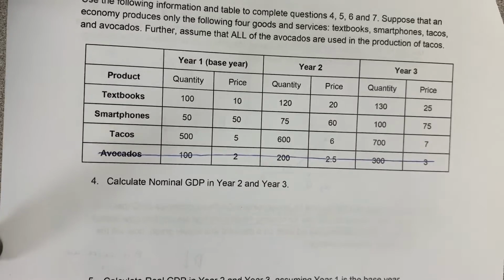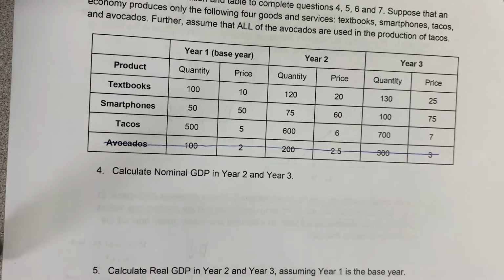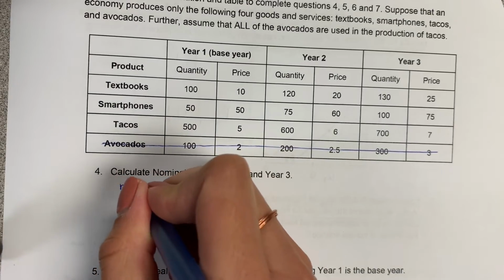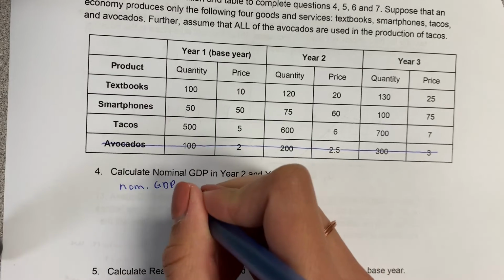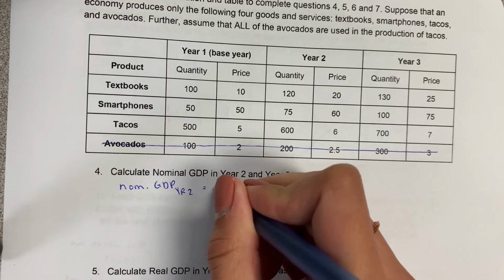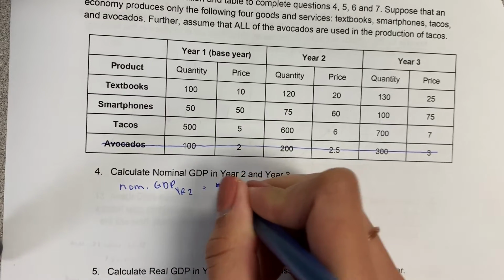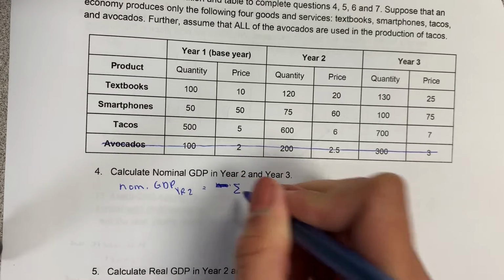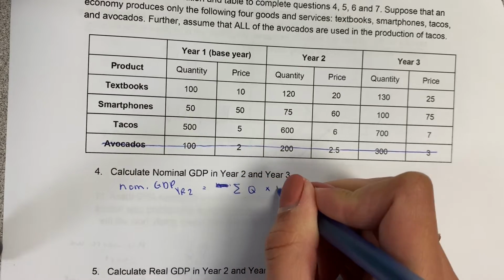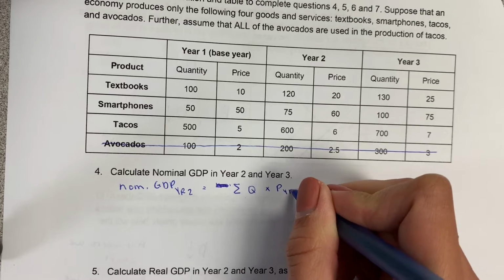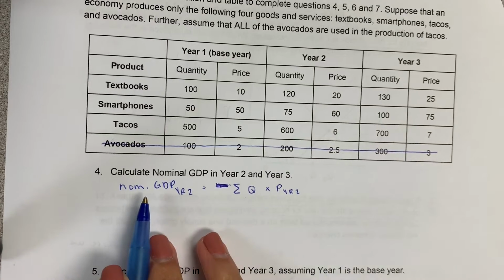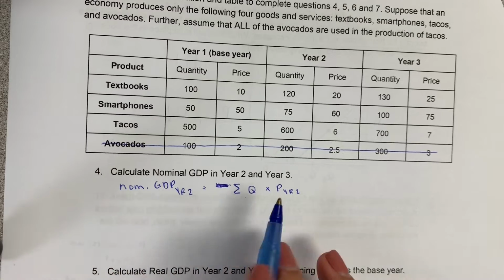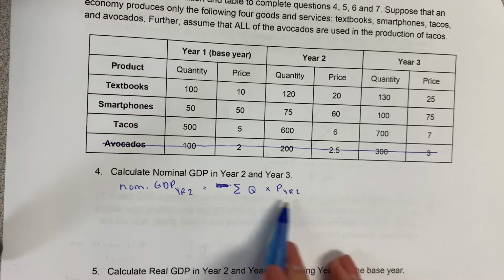So right off the bat, we're going to want to calculate nominal GDP in year 2 and 3. So let's start by writing the nominal GDP formula, right? Nominal GDP in year 2 is equal to the summation of the quantity times the price in year 2, because the nominal GDP is using the quantity times the prices in the current year.